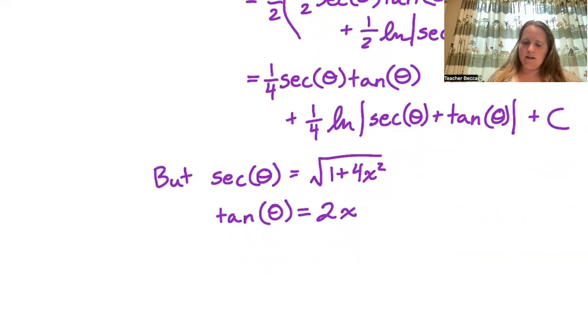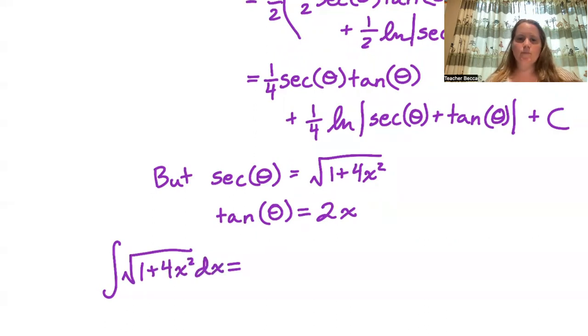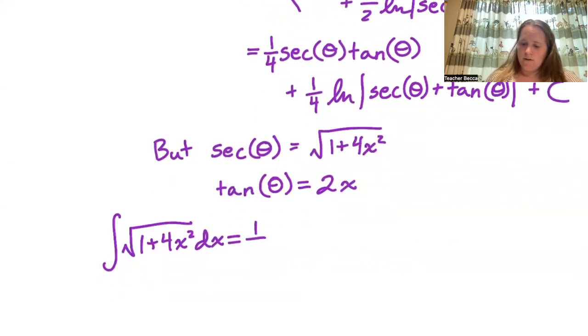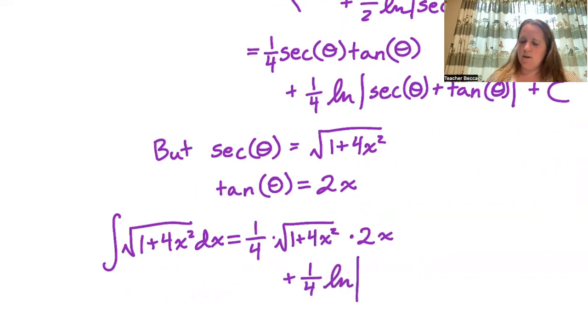So our integral of the square root of 1 plus 4x squared dx is equal to 1/4 times the square root of 1 plus 4x squared times 2x plus 1/4 times the natural log of the absolute value of the square root of 1 plus 4x squared plus 2x, and then plus c.